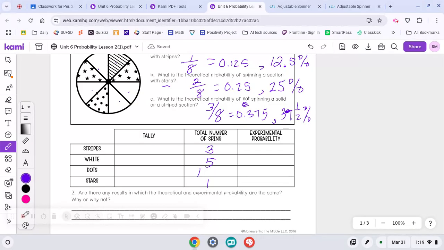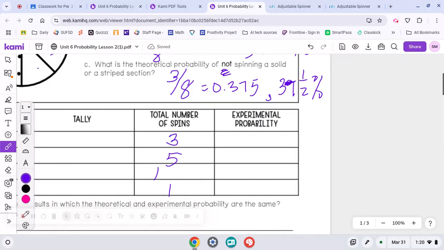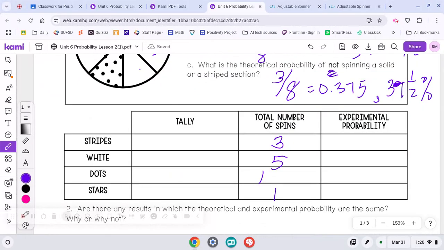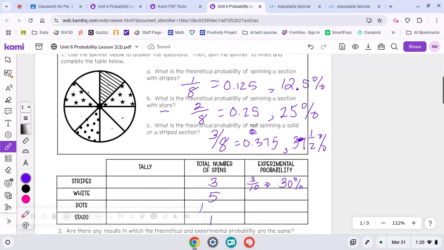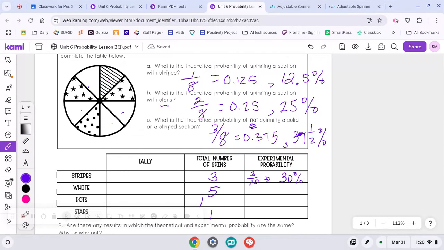Now let's find out what our experimental probability was for getting these stripes. All right, well, we had 3 out of the 10, and this is going to be so convenient to convert to decimals then percentages. So in our experiment, 30% of the time we landed on stripes. Up above, you can see the theoretical probability of getting stripes was 12.5%.